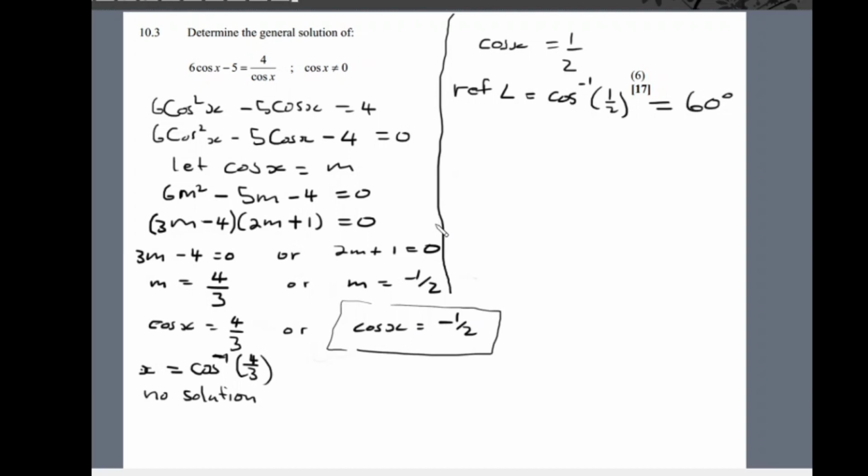We need to look at the value that we want to have when we substitute x, which is negative. We need to look at the quadrants where cos is negative, right? From the cast diagram we know that in the first quadrant all the ratios are positive, second quadrant only sine is positive, third quadrant only tan, and then the fourth quadrant only cos is positive, right?